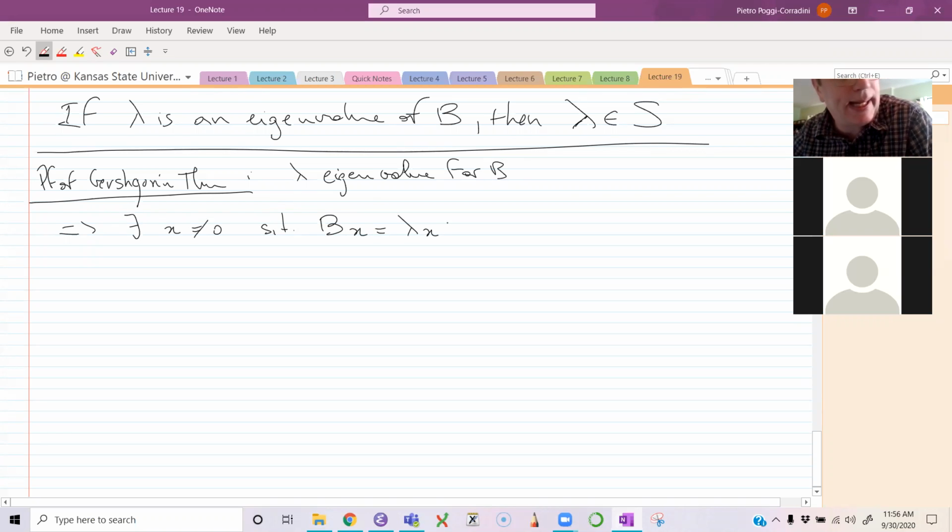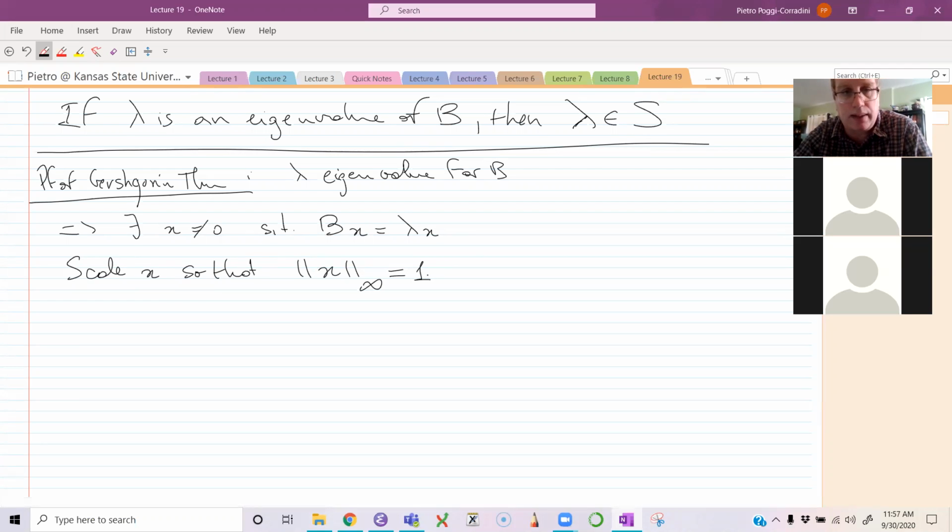In fact, any multiple of x will do the job, so we can always scale x so that, let's say, the infinity norm is 1. You can always do that.